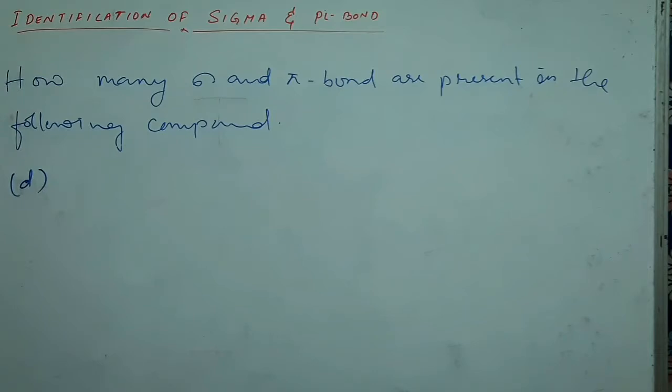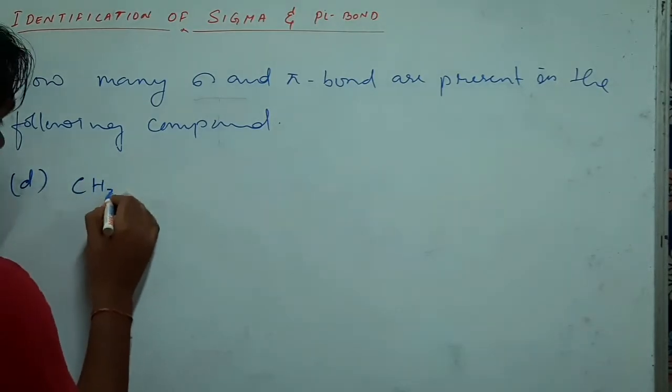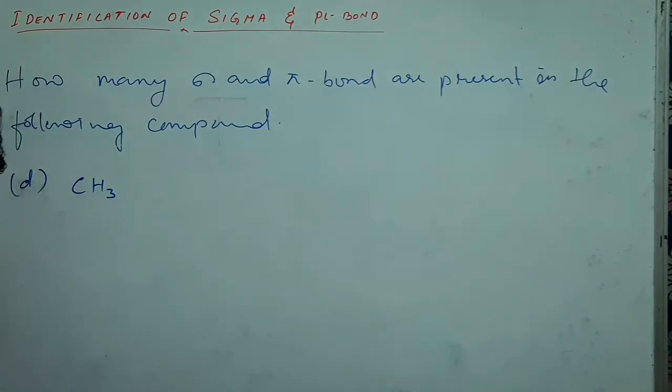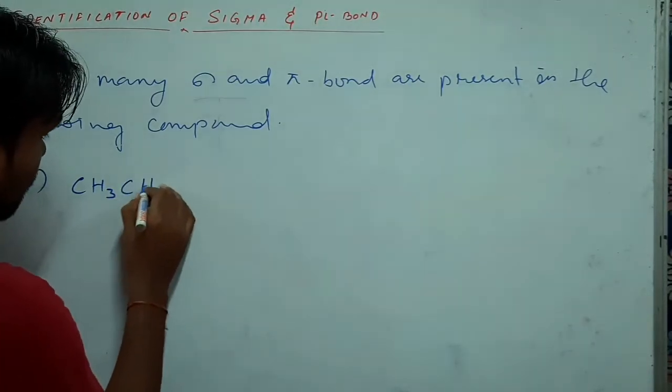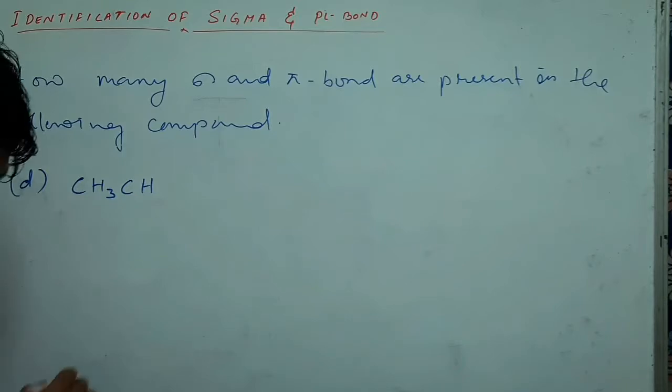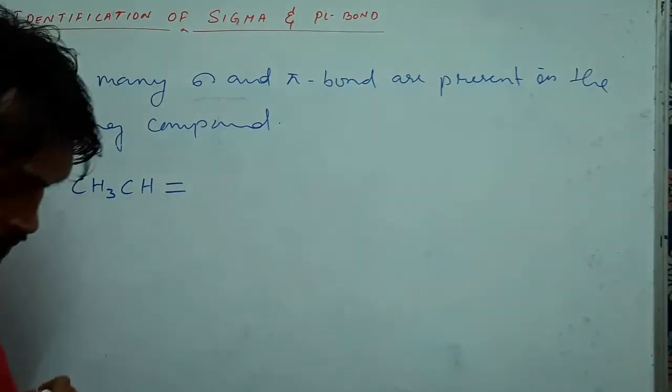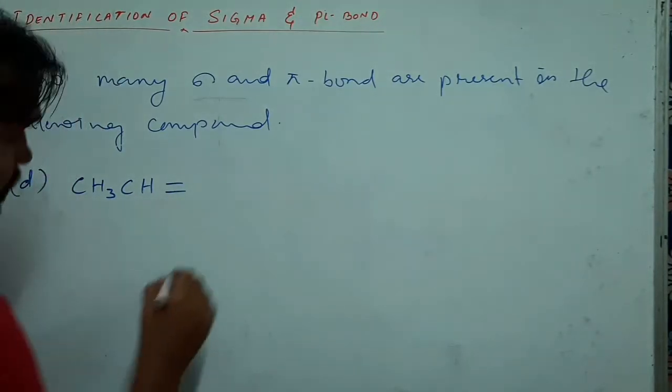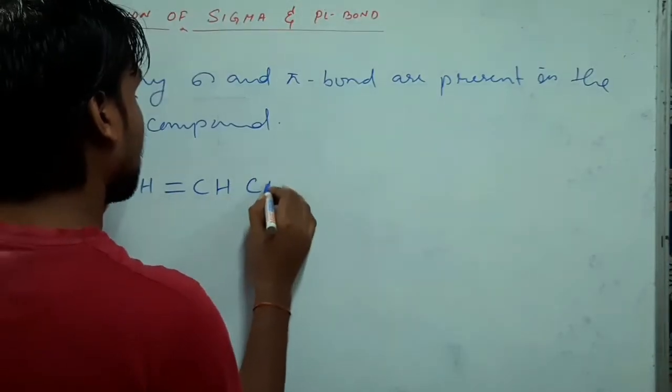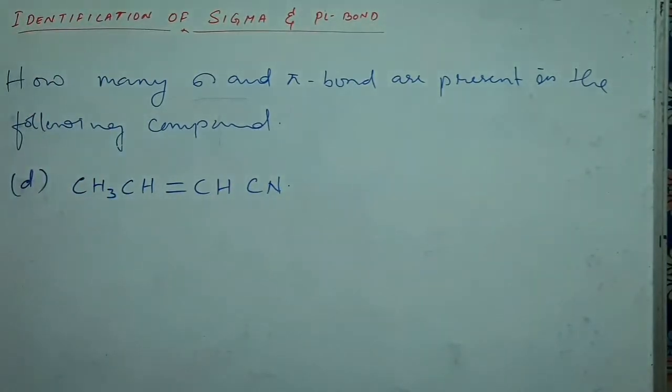So question number D, let me take CH3 CH double bond CH CN. Okay, dear students, so this is the question. They are asking us to find the number of sigma and pi bonds.